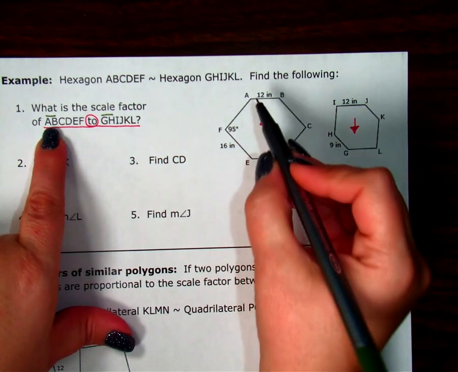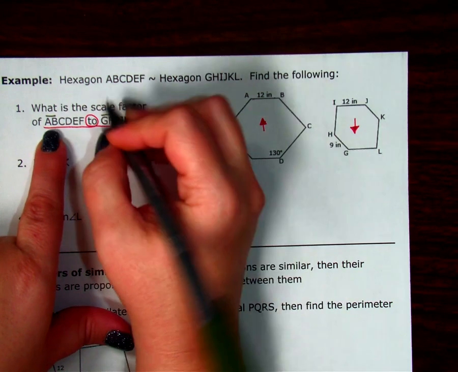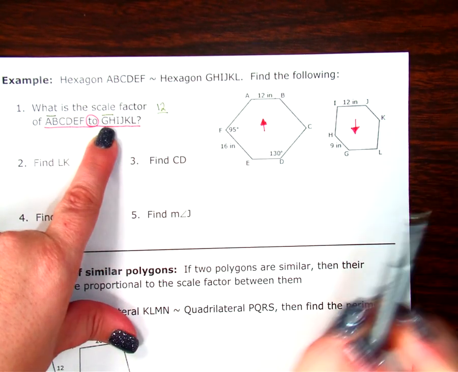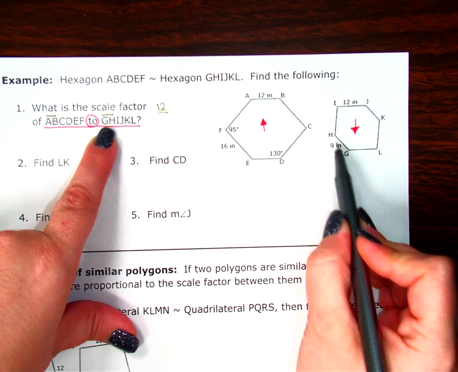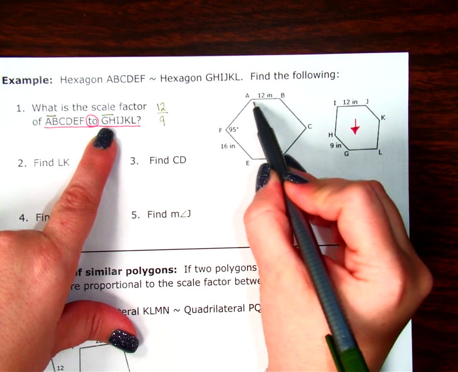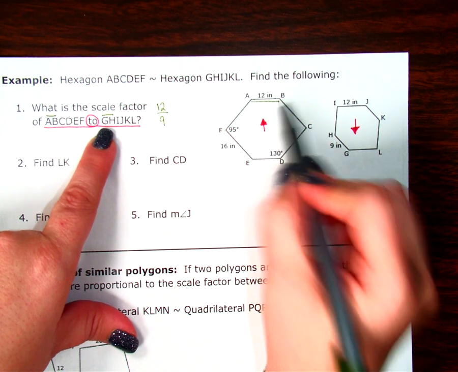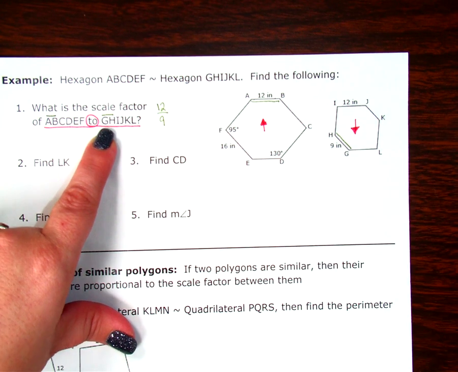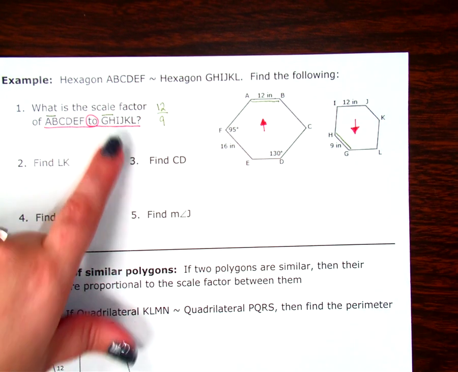AB is 12, and then it's going to match with GH. GH is 9. Okay, so AB actually matches with GH. So those two are corresponding pieces, 12 to 9.